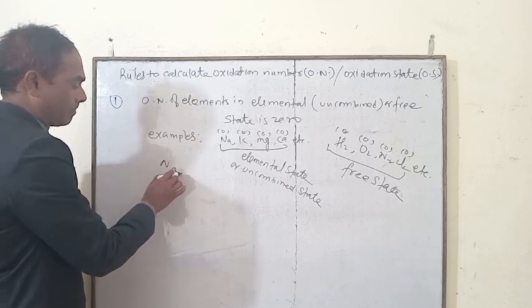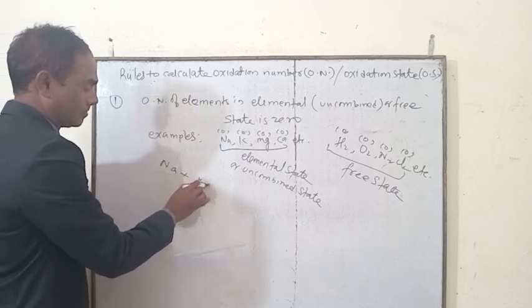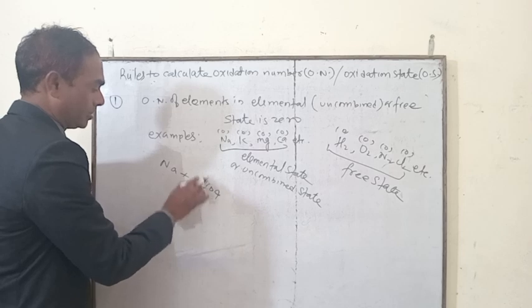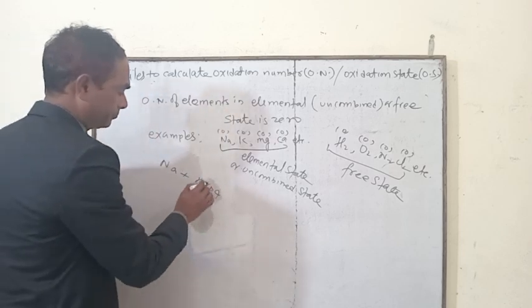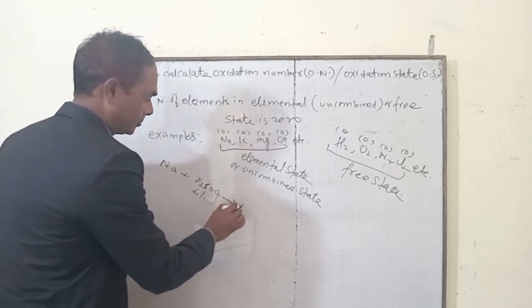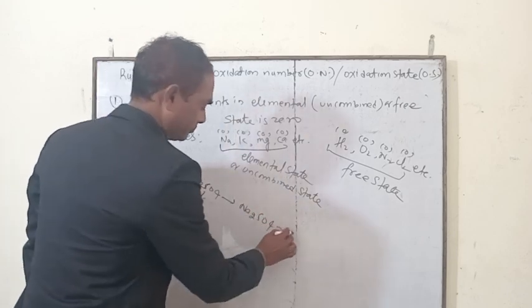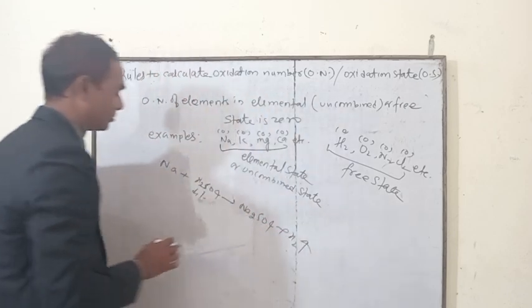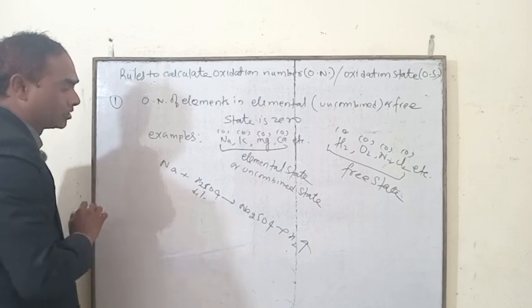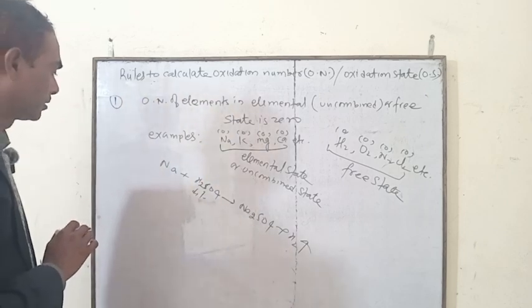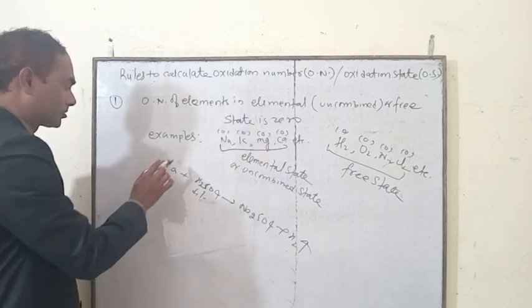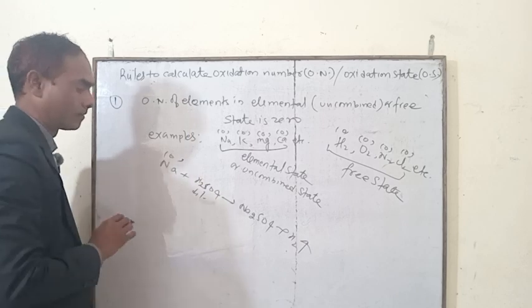Sodium combining with dilute sulfuric acid gives sodium sulfate and hydrogen gas. Here sodium participates in this chemical reaction in elemental state, so oxidation number of sodium will be 0.